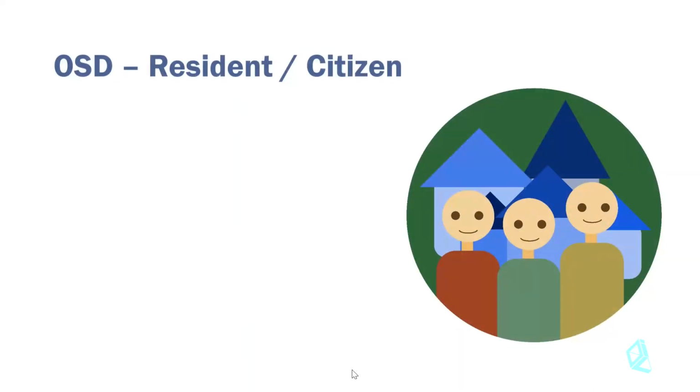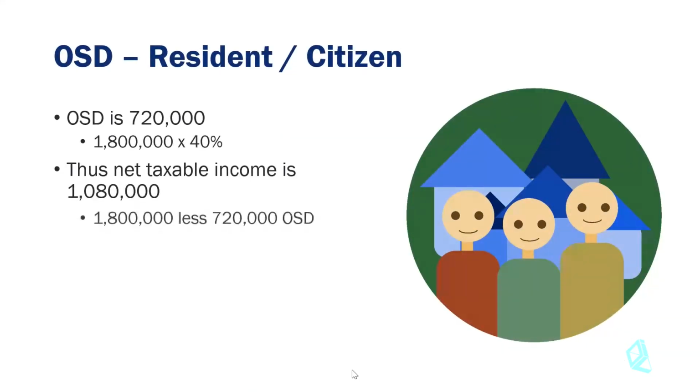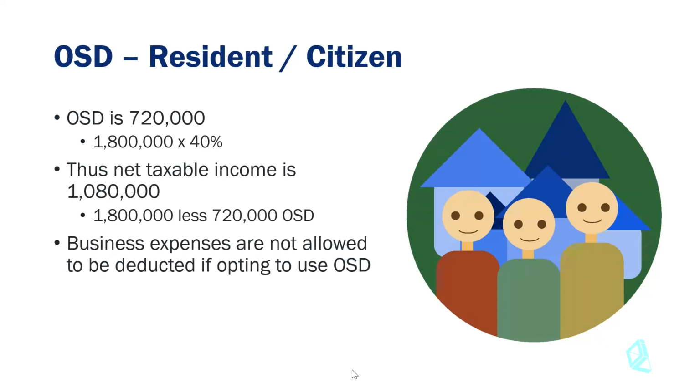All right. So if we are referring to a resident citizen or an individual just like you, if you're a professional or an individual doing business here in the Philippines, and you opted to make use of OSD, you compute for OSD as 1.8 million, which is your gross sales, multiplied by 40%.